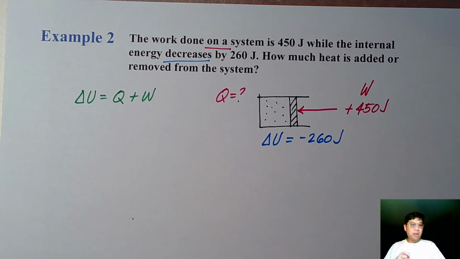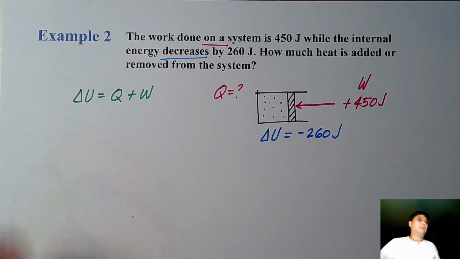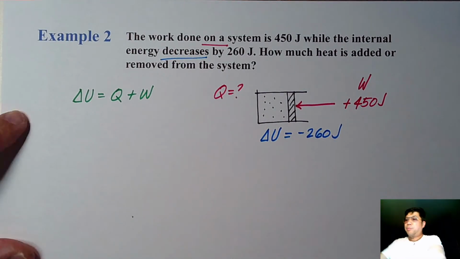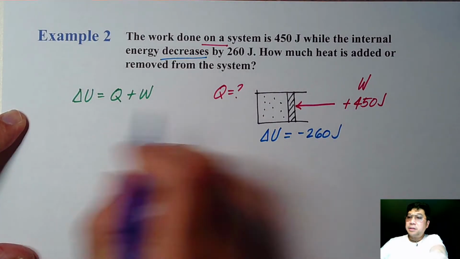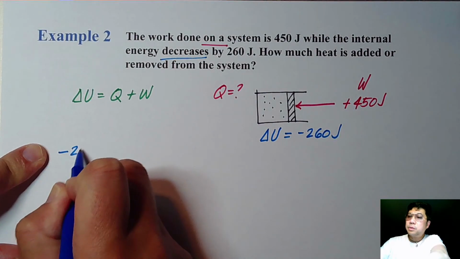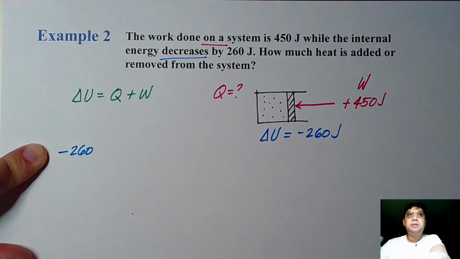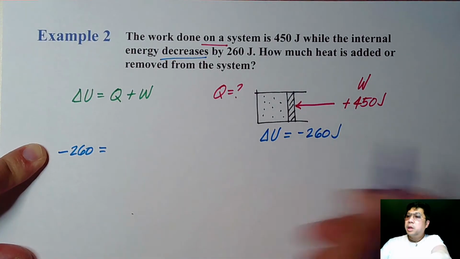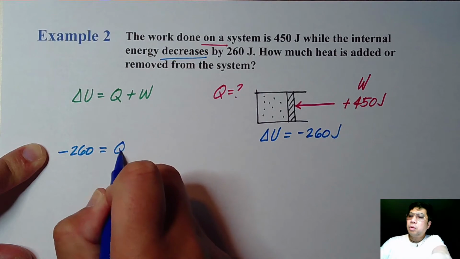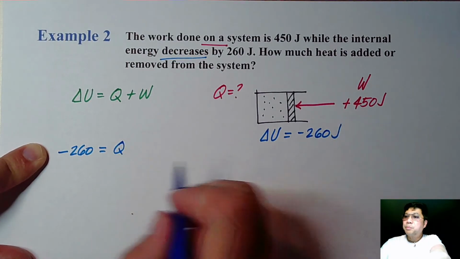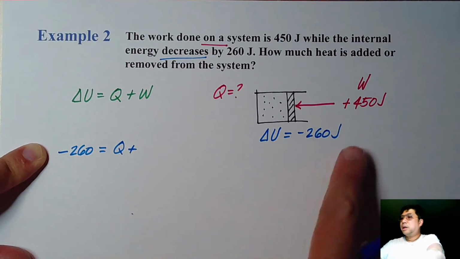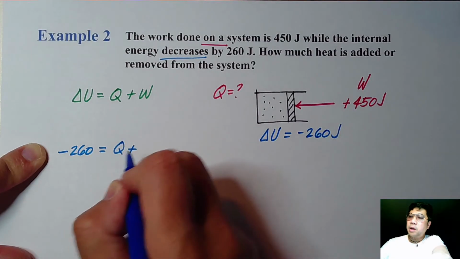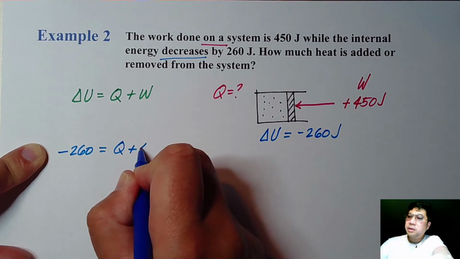So why don't we apply the information provided to us into the equation? We have negative 260 joules as our change in internal energy. Heat is what we need to solve for, plus the amount of work done, which in our case is positive 450.